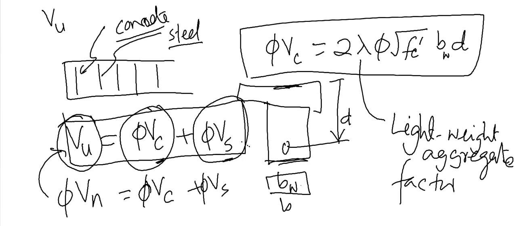Now whatever shear force I have, concrete will take some. If there is remaining, I need to provide reinforcement to take it. Okay, so what did we learn? We learned that Vu is phi Vc plus phi Vs. Then how much is phi Vc? Phi Vc is 2 phi square root of f'c b d.